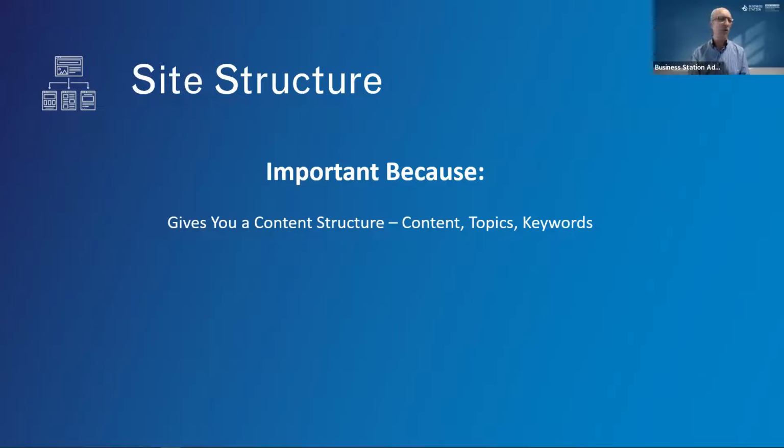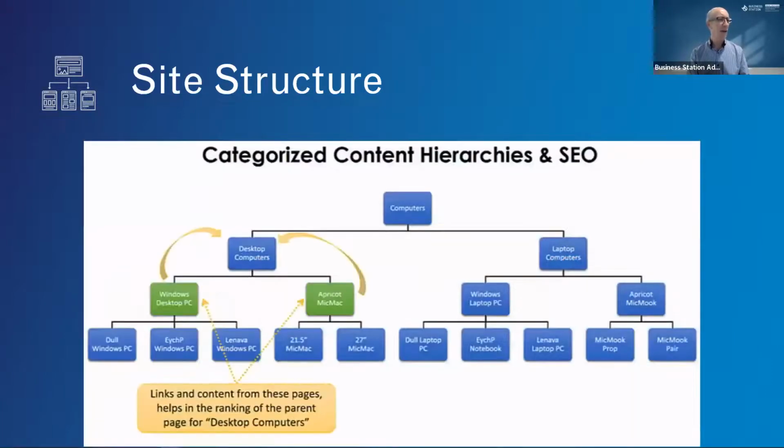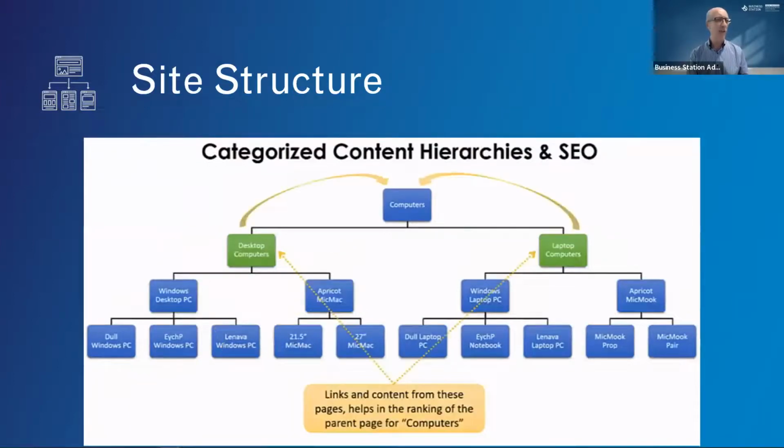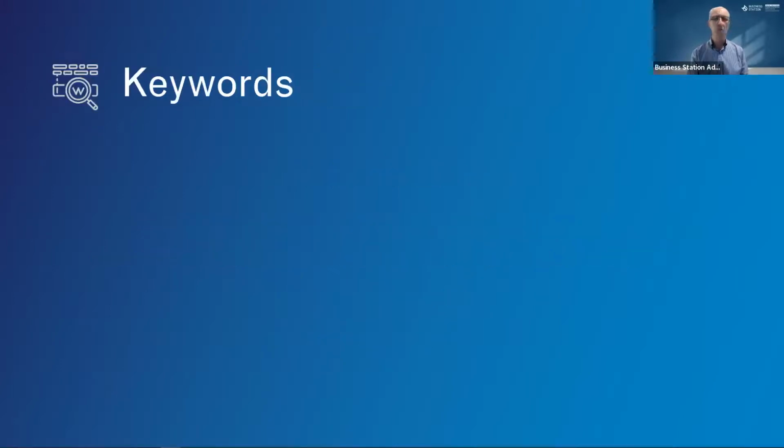So you know that this silo here is about these particular product categories, and you start to write using certain keywords around that content. Site structure is also important because it gets back to how all the lower pages add authority to your homepage, so it's much more likely to rank. A good site structure makes it easy for Google or Bing to crawl your site, and it's easier for users to navigate your site. So that's the first thing.